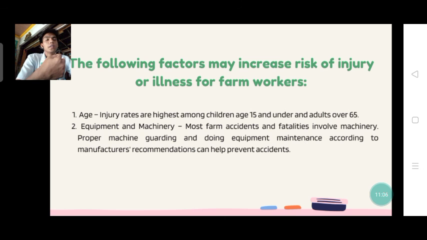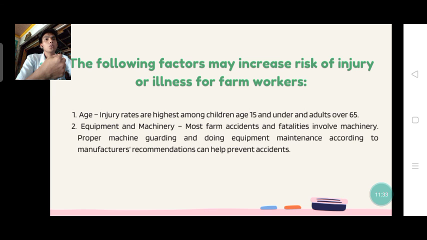And for the last part of this discussion, the following factors may increase risk of injury or illness for farm workers. Number 1 is age. Injury rates are highest among children age 15 and under and adults over 65.